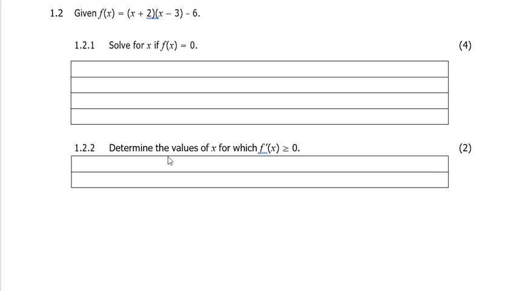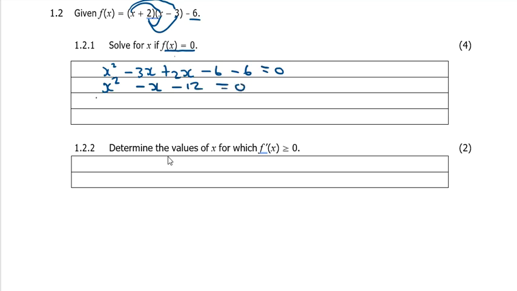All right, still solving for x. We're given f of x, and f of x is given by that expression. So we multiply both brackets. And don't forget that minus 6 there at the end. And we're told that f of x should be equal to 0. Then we can simplify further. It's negative x, negative 6 minus 6, negative 12.